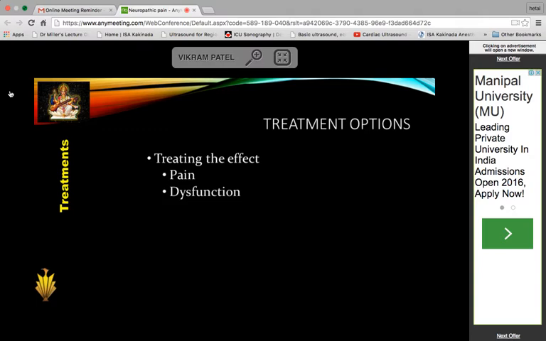You can not only see their pain, but more of their dysfunction, because they have not used the extremity for some time.